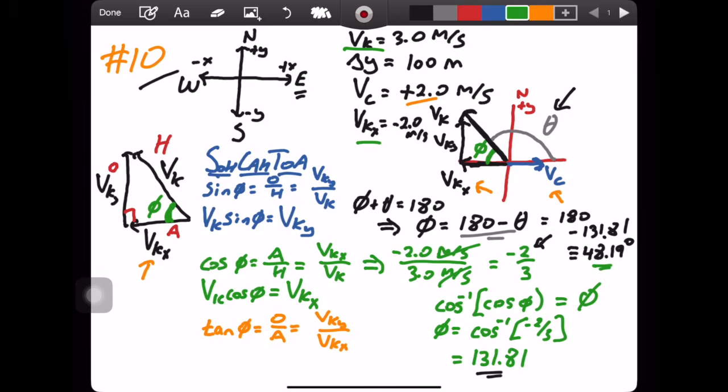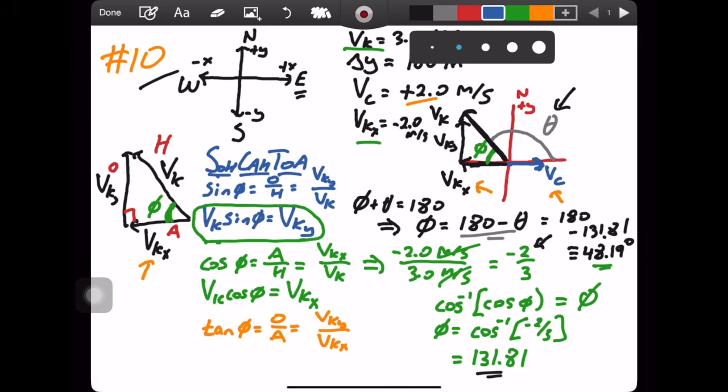So more specifically, we also have our relationship where we can relate the angle, which we now know, the kayaker's velocity, which we now know, and we can figure out what's the velocity in the y direction when the kayaker orients the kayak at an angle of 48.19 degrees north of west, or 131.81 degrees north of east.